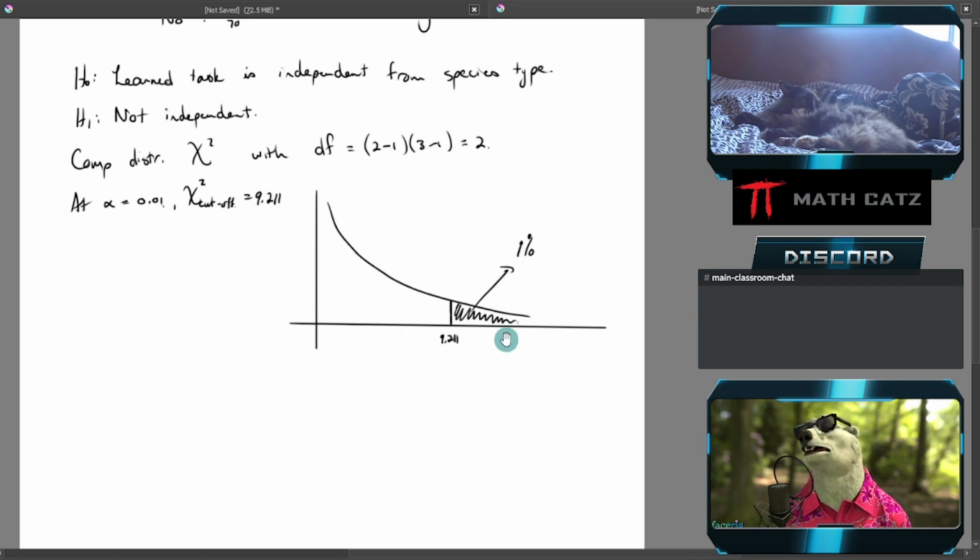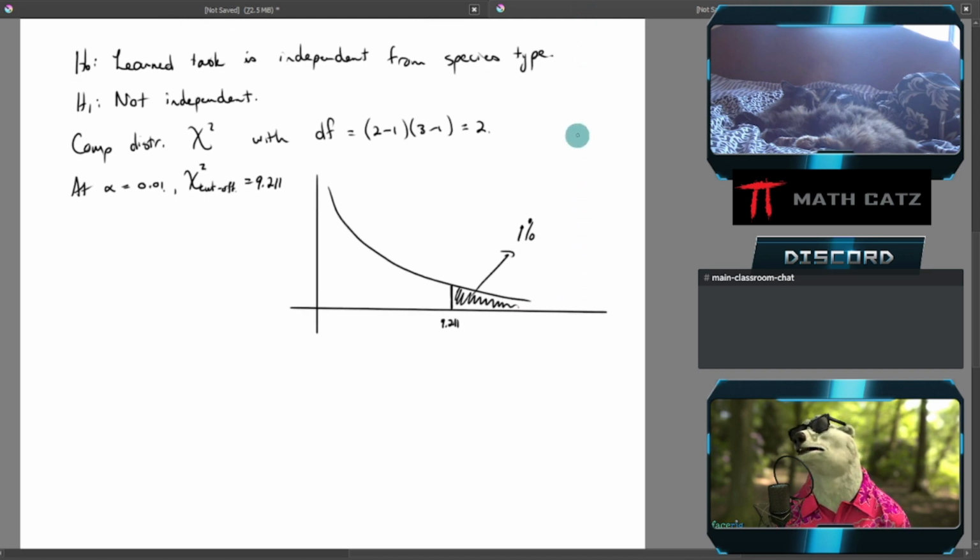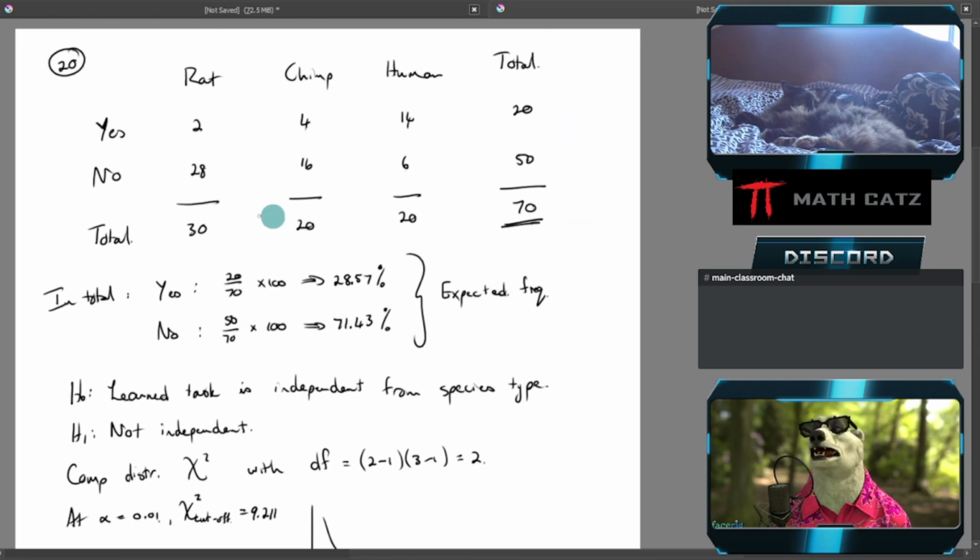But if it is further to the right, we consider that to be so extreme and so rare that we wouldn't just stumble upon a chi-squared score like that. And it suggests that, in fact, somewhere there is a significant difference in a species from what we would expect if they were truly independent. If species was independent from the ability to learn the tasks.